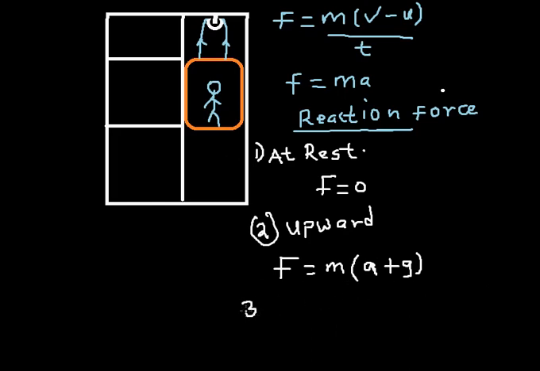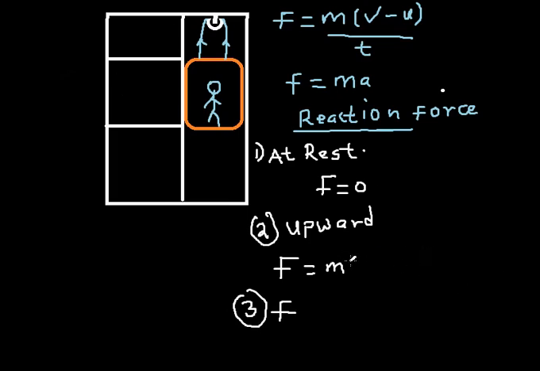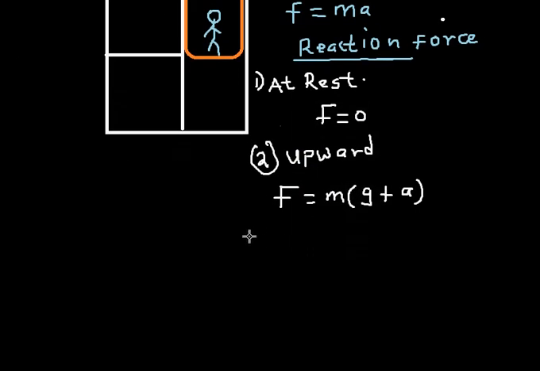Let me put the formula this way: let g come first. So mass multiplied by g, then plus acceleration. That is for upward movement of the elevator. But if the elevator is coming downward, the engine of the elevator must decelerate for the elevator to come downward.